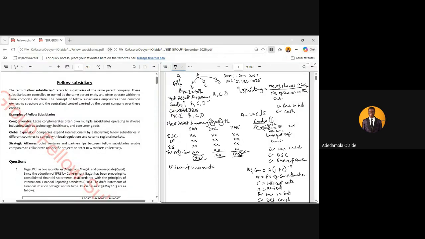And calculating discount unwound is very simple. It's just the interest rate, which is the cost of capital, multiplied by the deferred consideration figure, that is the present value of the deferred consideration you got using this. Or if it is a subsequent year, you multiply by the balance of the deferred consideration.